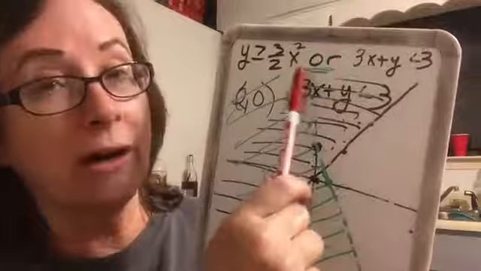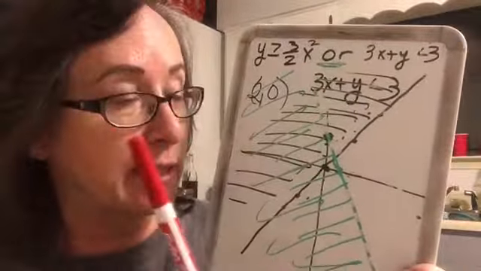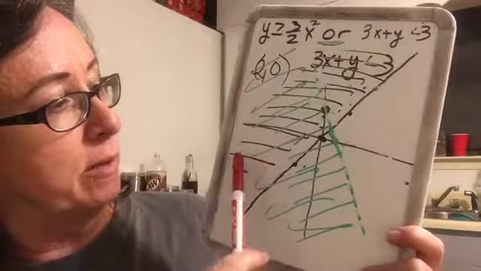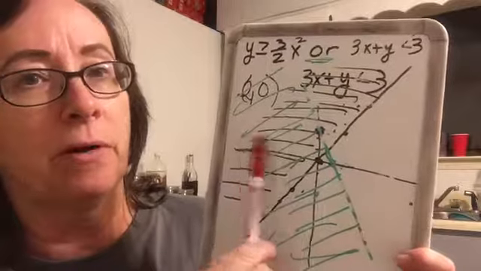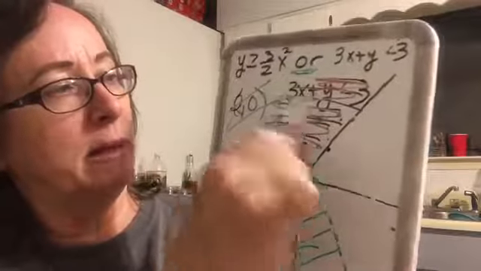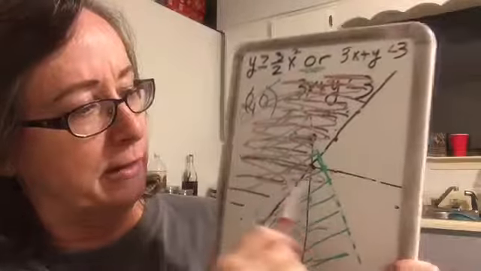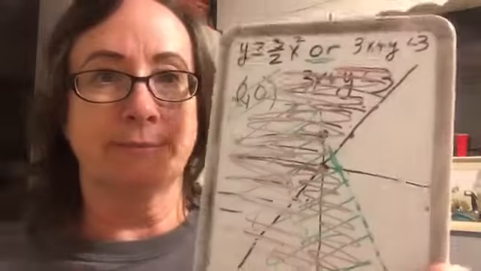If this were an and, then that would be intersection, which would mean that we would only shade this part that is shaded twice with both the black and the green. But this one is an OR, so we will indicate that everything that got shaded once is the solution.